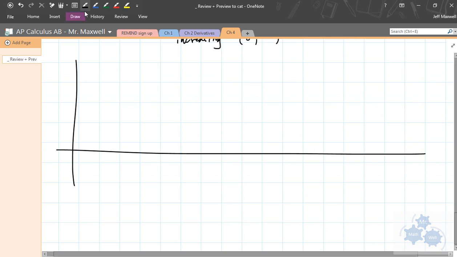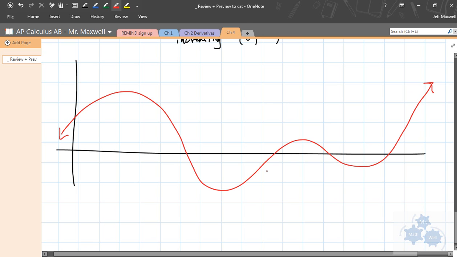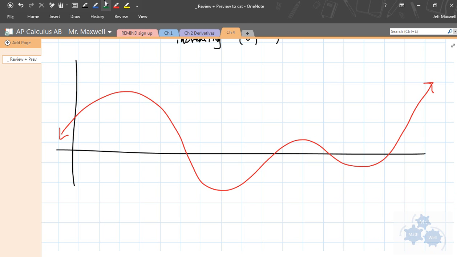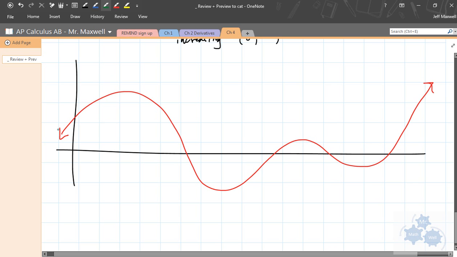Okay, if we look further at this, let's do another graph that's really strange. Like this, let's say. And here we can see that we have some increasing portions. This is increasing, the green, up into about this point.